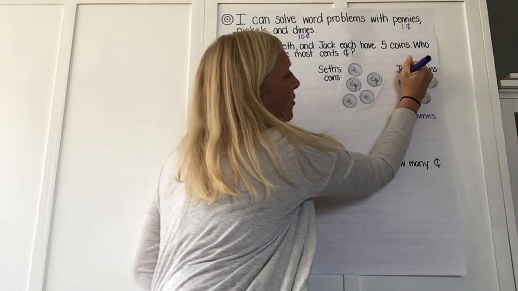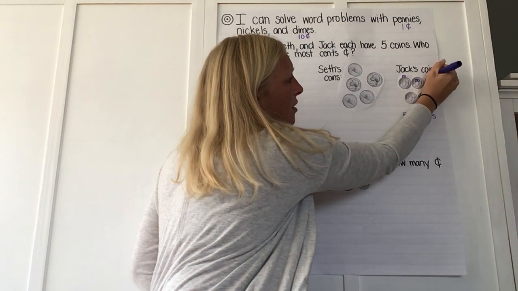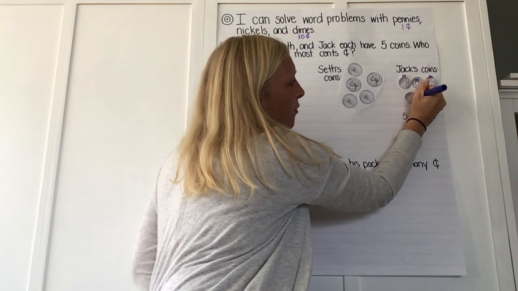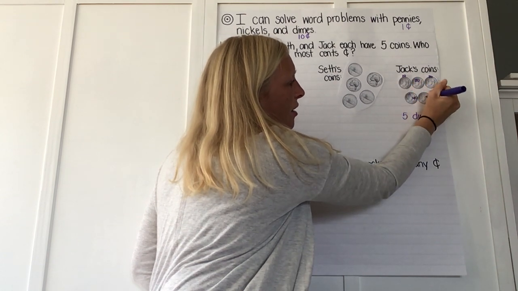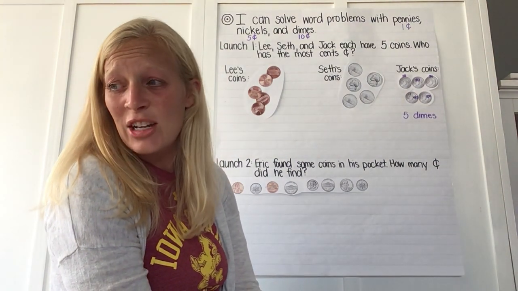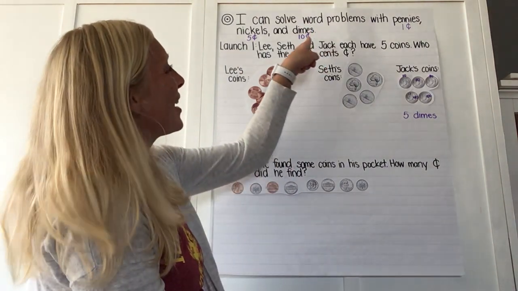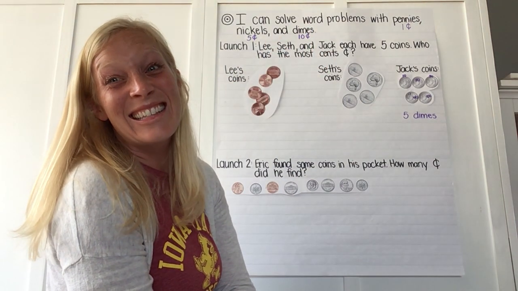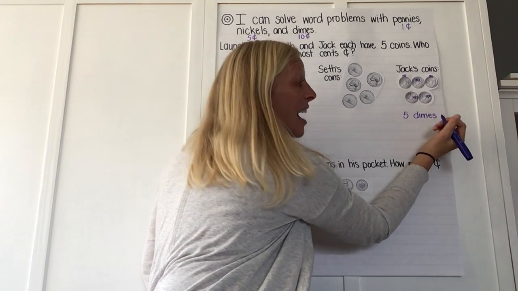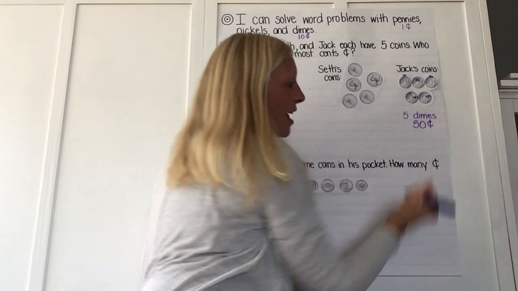So how did you count them? 10, 20, 30, 40, and 50. And why did you count them by 10? Why did you skip count by tens? That's right. Those dimes are worth 10 cents a piece. So if Jack has 5 dimes, he has 50 cents.